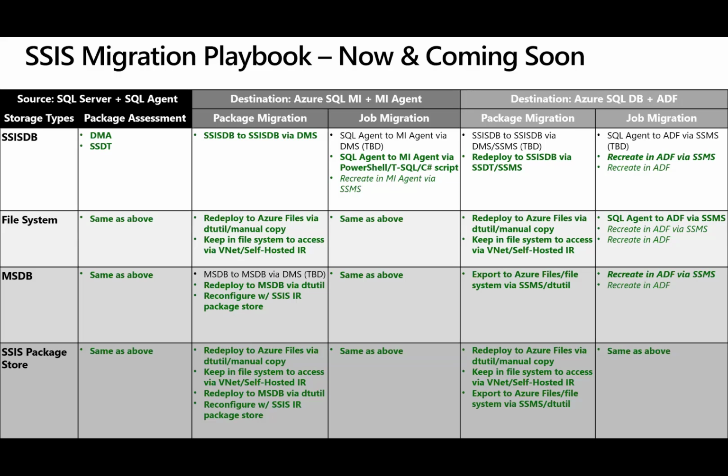So dtutil can be used to move all the packages from MSDB in SQL Server to MSDB in Managed Instance, for example. So all this action has been prescribed for you. So there is no blockage to migrate SSIS packages from different package stores to different destinations in the cloud.